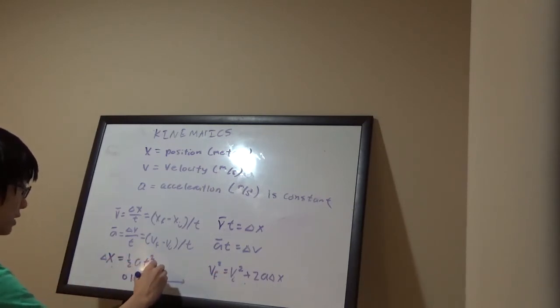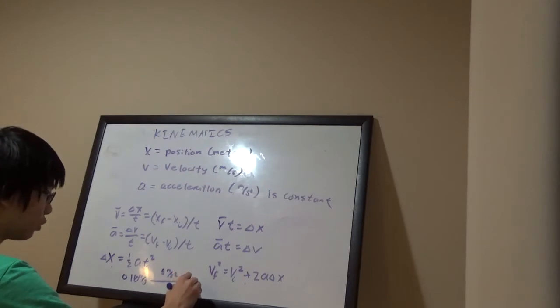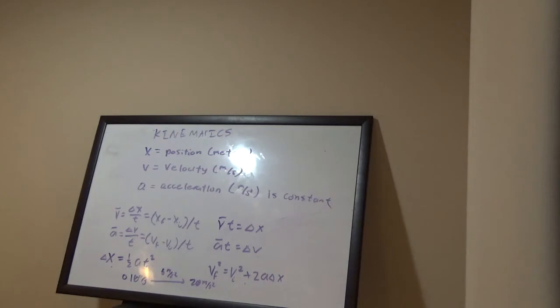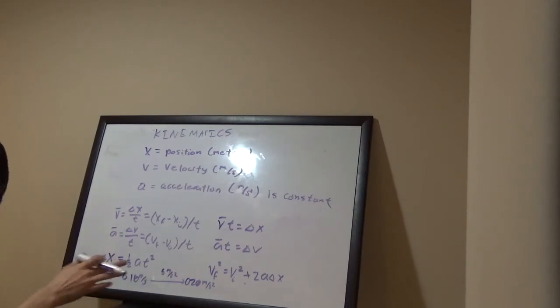Let's say it accelerated at 5 meters per second squared, and it ended up with a final velocity of 20 meters per second. Now we don't know how much distance passed from when it was at 10 meters per second to when it went to 20 meters per second. Some distance passed, we know it was moving because we had velocity. So we have a change in position, but how much did it move?